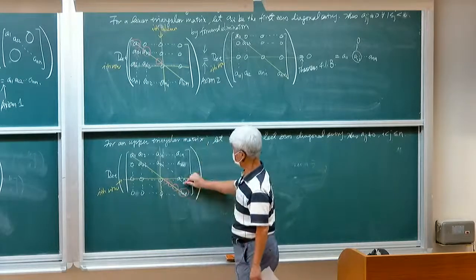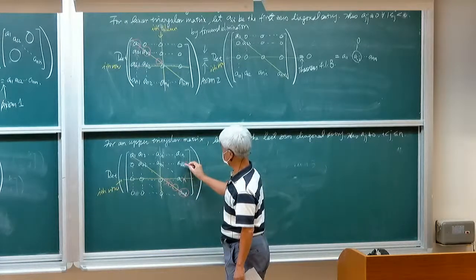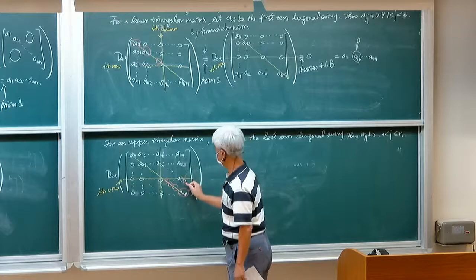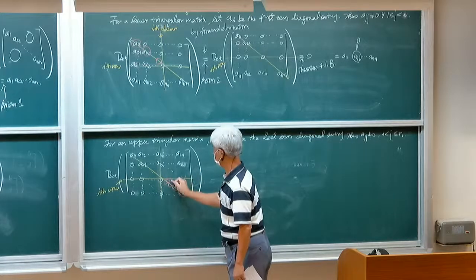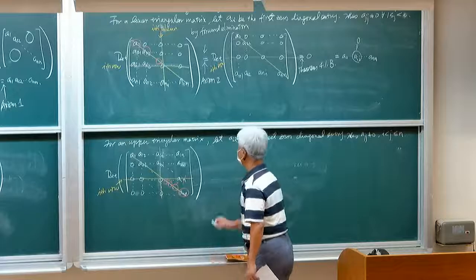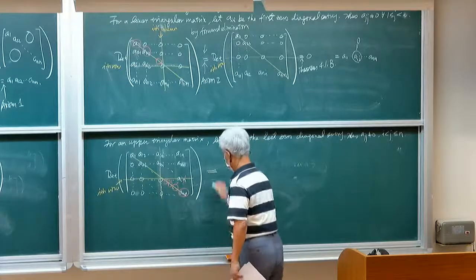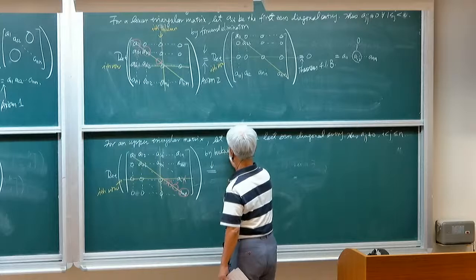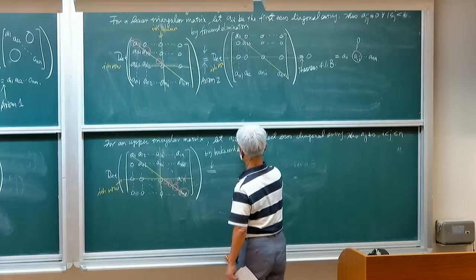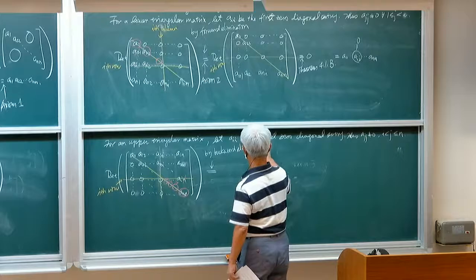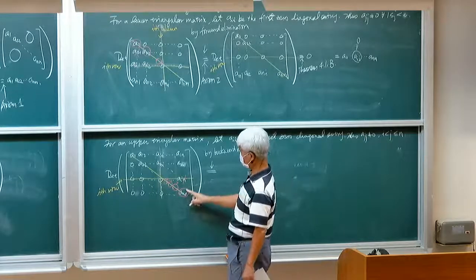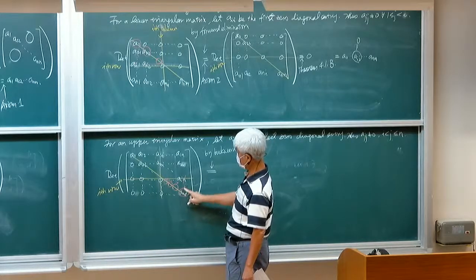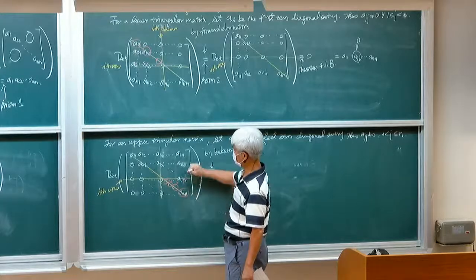So we can eliminate all the entries up to here. So by backward elimination, a_nn will cancel all the non-zero entries up to the i0.